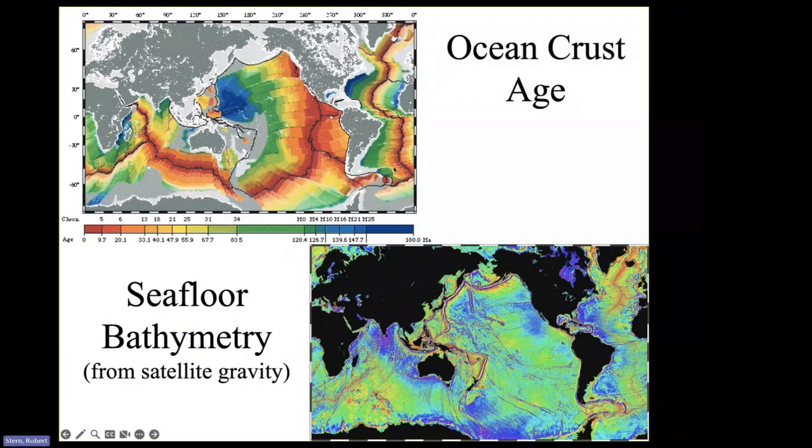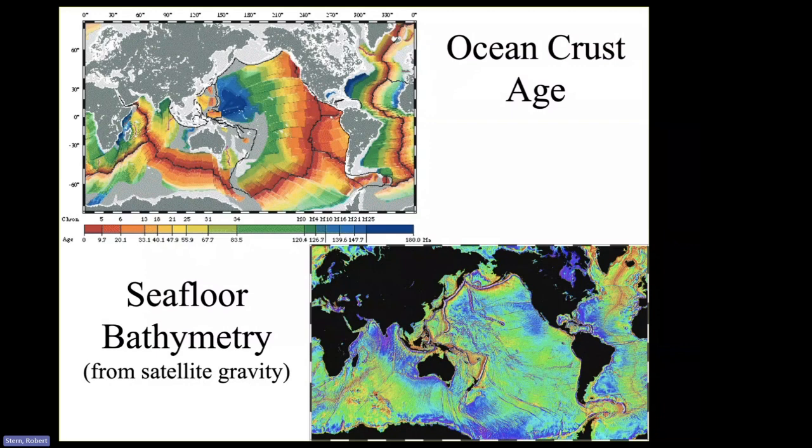And you can see, not surprisingly, that the areas around the spreading ridges are where the youngest crust is. They're around the mid-Atlantic ridge, in the Indian Ocean, and the East Pacific Rise. You'll notice that this region of very young crust is much wider in the Eastern Pacific than in the Atlantic.